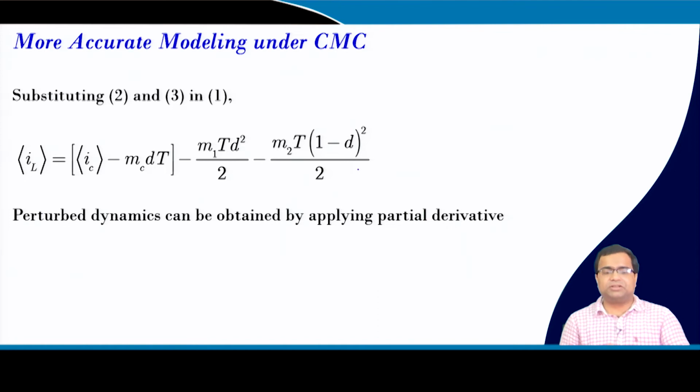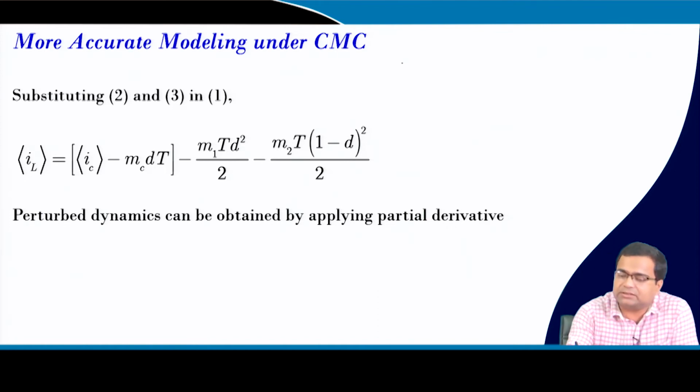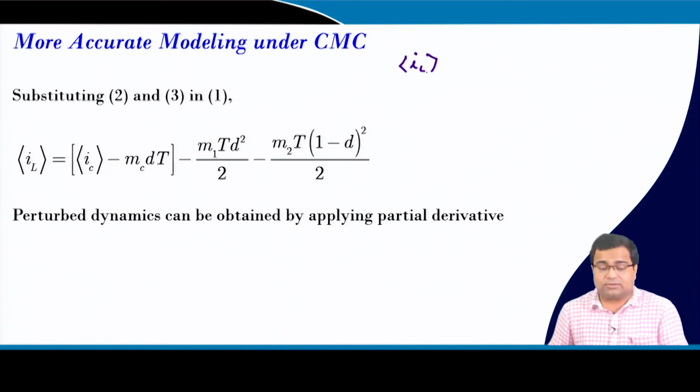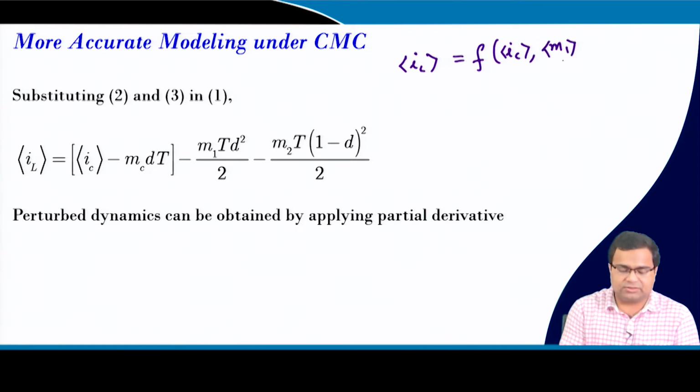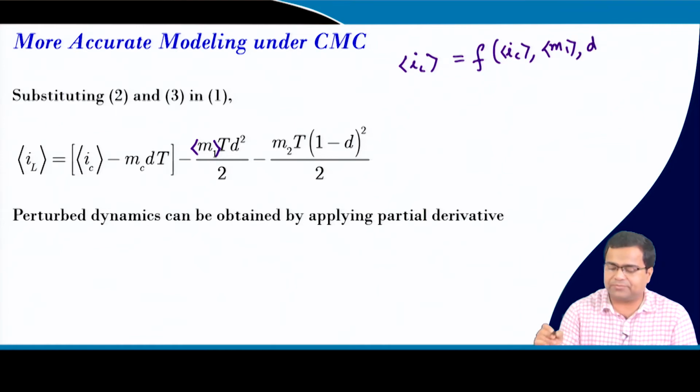That means, in this expression, it is very easy to get, suppose I get IL perturbation as a function of IC average, M1 average, sorry, so I can consider this to be average, then D, then M2.